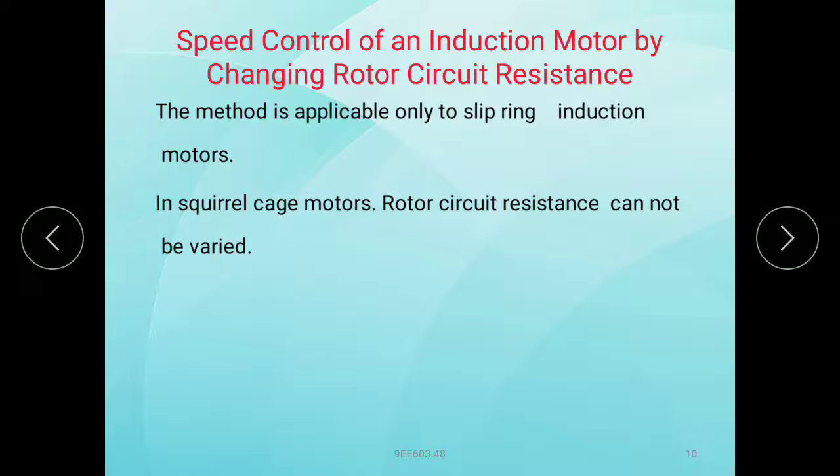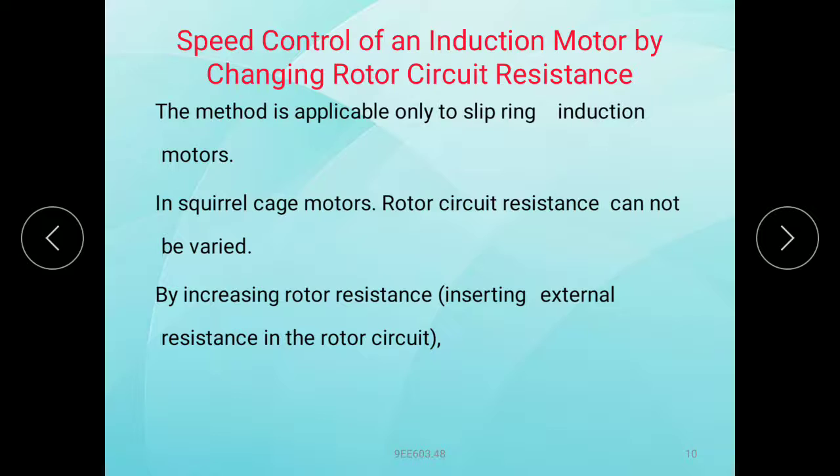Why? It is short circuited by bars at the end side. So by increasing rotor resistance, inserting external resistance in the rotor circuit, the slip increases and hence the speed decreases.